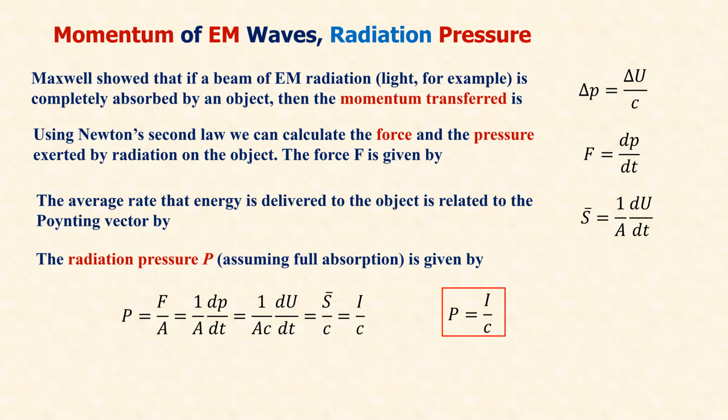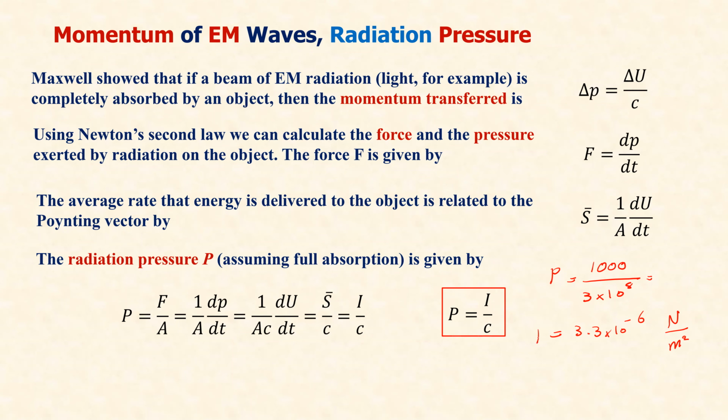For the sun it becomes about 1,000, or 10 to the 3rd, divided by 3 times 10 to the 8th. That becomes about 3.3 times 10 to the -6, in units of Newton per meter squared.